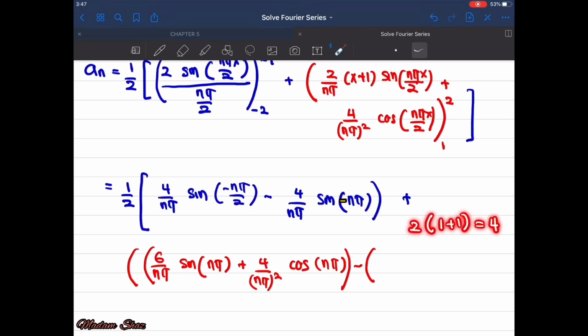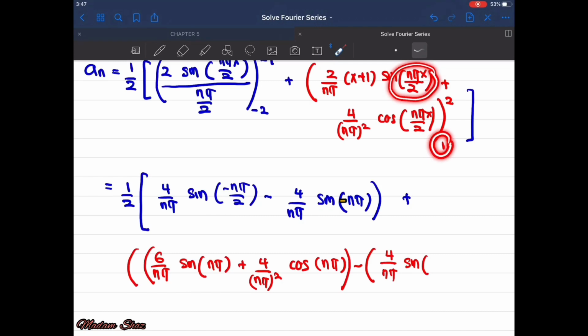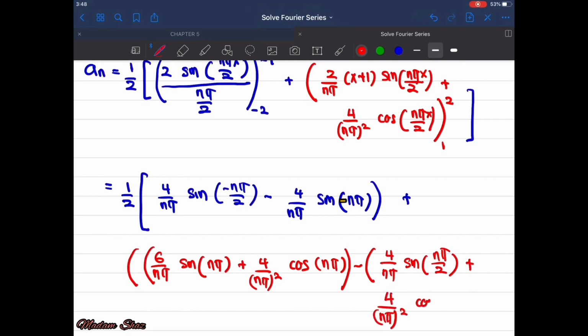This one will become 4. 4 over n pi sin n pi x over 2. Substitute 1 will become n pi over 2. Plus 4 over n pi square cos n pi x over 2. Substitute 1 will become n pi over 2. So close the bracket. So the whole thing, this one should be closed here.